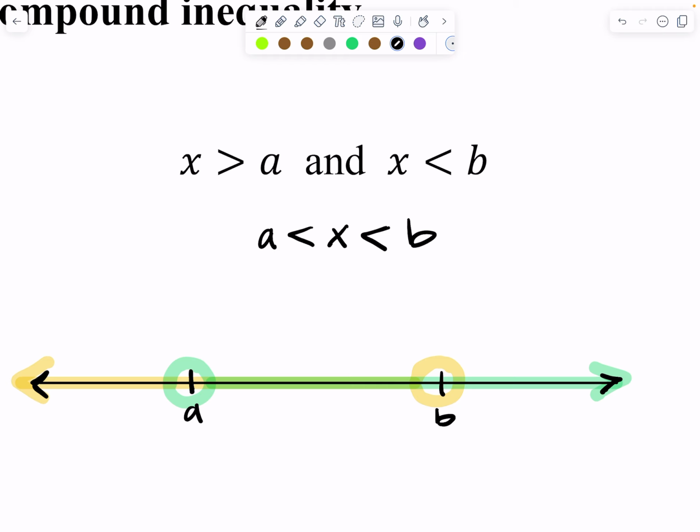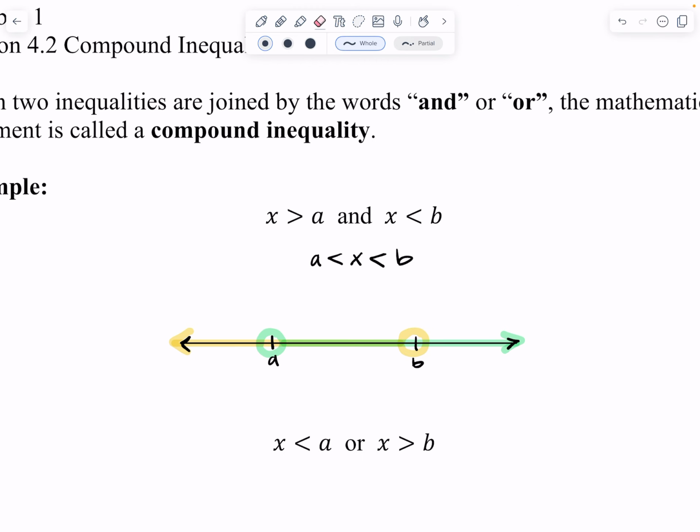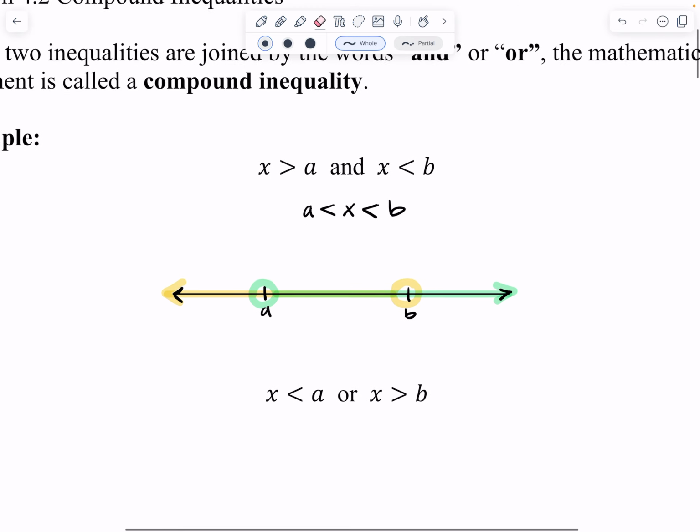And sometimes it can be helpful to rewrite the "and" statement in this compact form, especially if we're thinking about representing that same interval of values in interval notation. And then sometimes it can be useful to think about separating the two inequalities. But we'll talk more about that as we go.